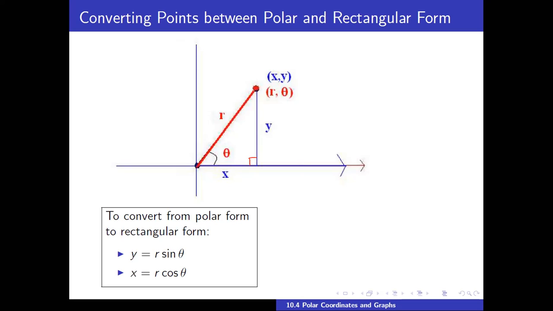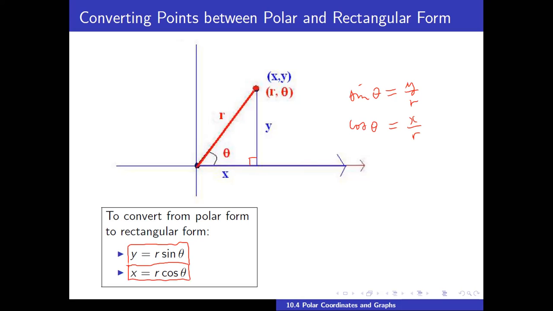So for instance, you know that sine of theta is opposite over hypotenuse, yes? So sine of theta is y over r, and cosine of theta is x over r. Therefore, what's x in terms of r and theta? It's r cosine of theta. And y is r sine of theta, yes?